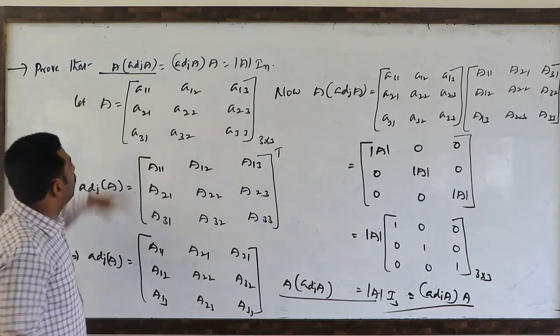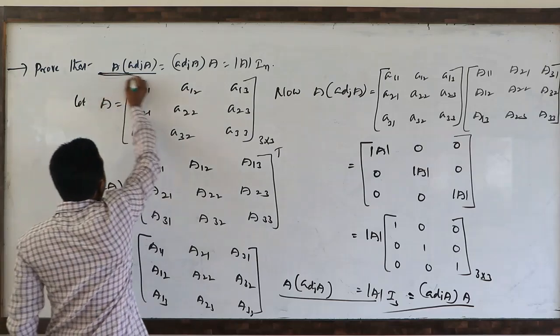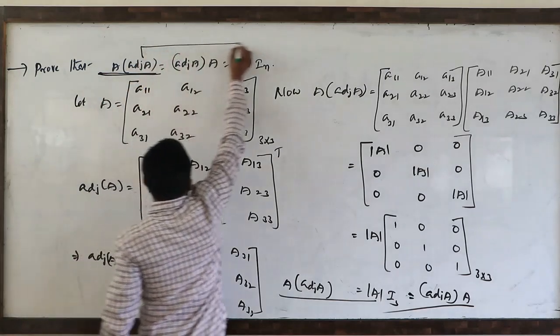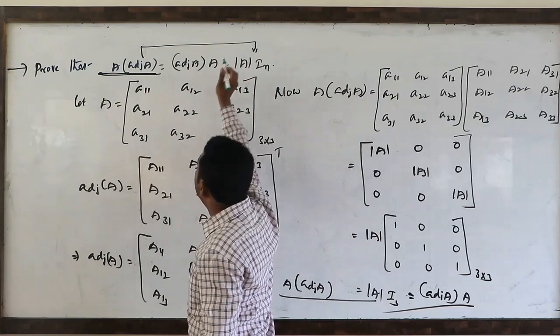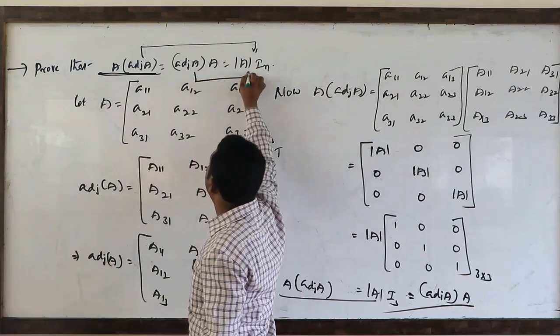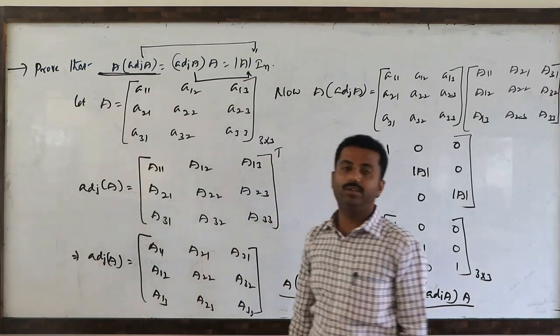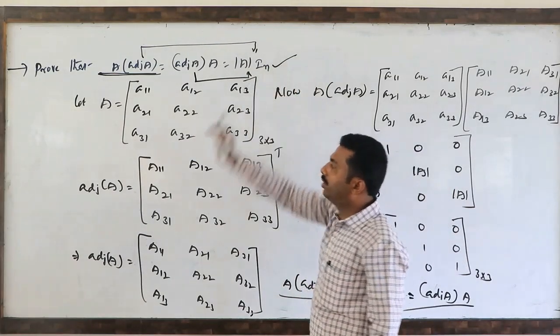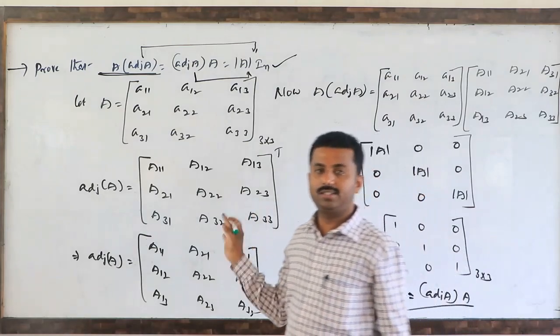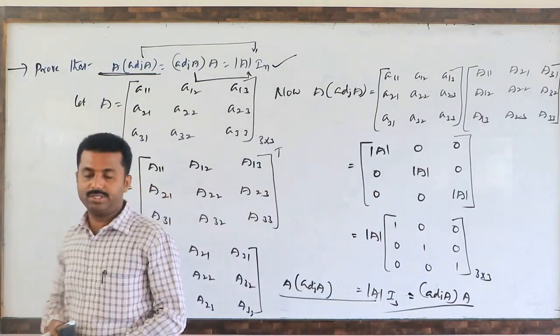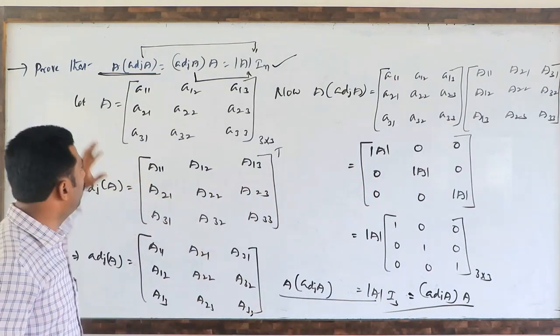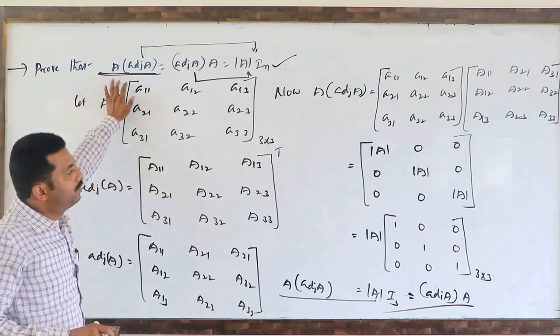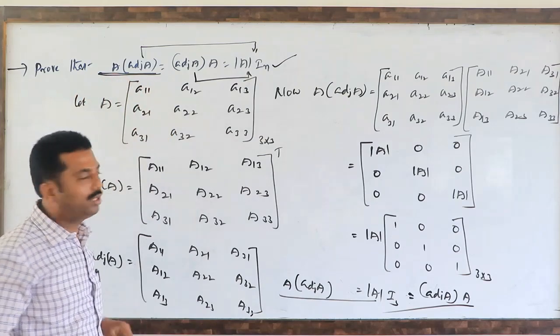This is a most important result: A into adjoint of A is always the determinant of A into the identity matrix, and adjoint of A into A is also the same. For entrance purposes, many formulas are proved from this result only, so you have to remember this point.